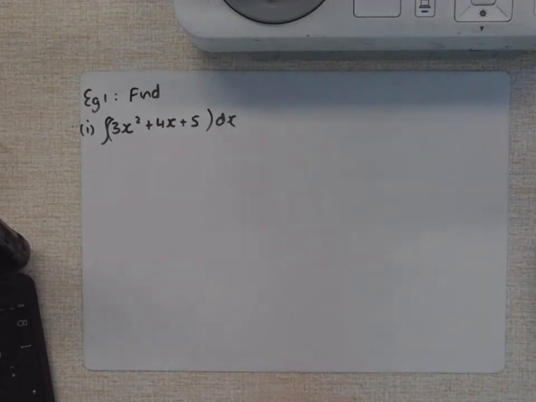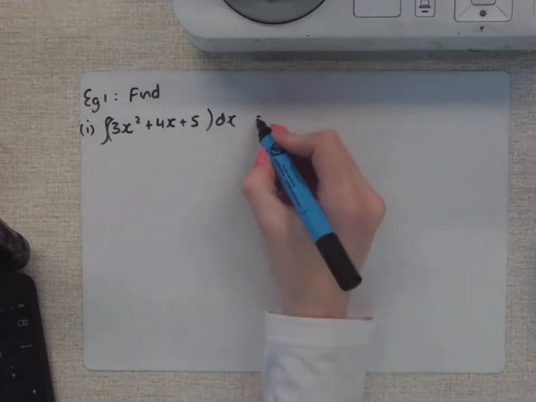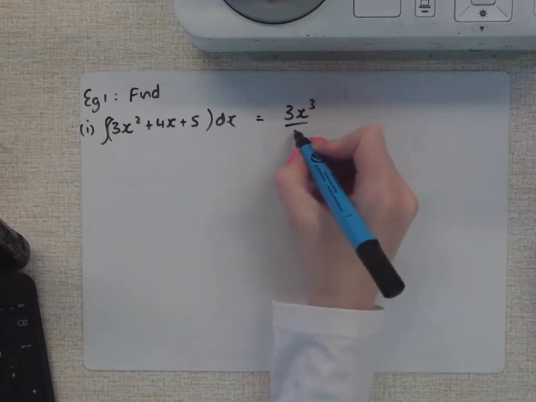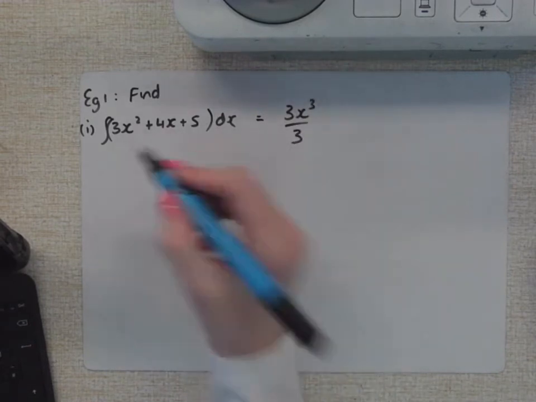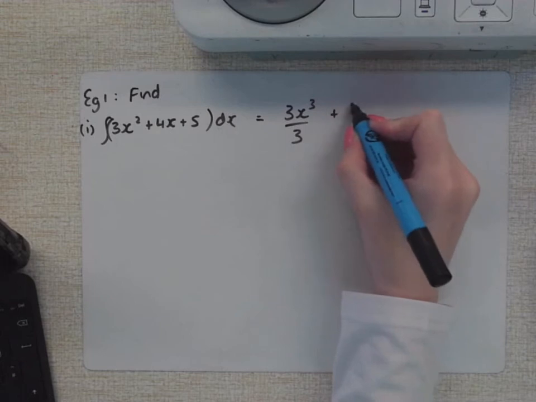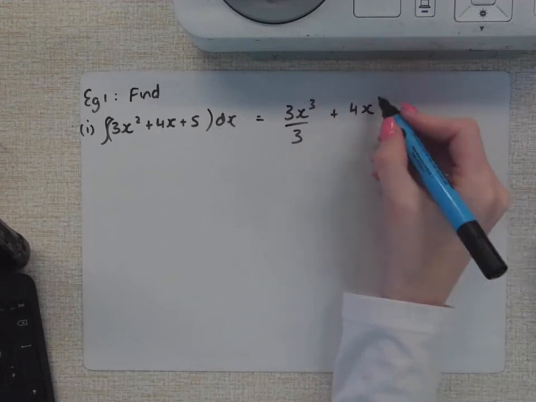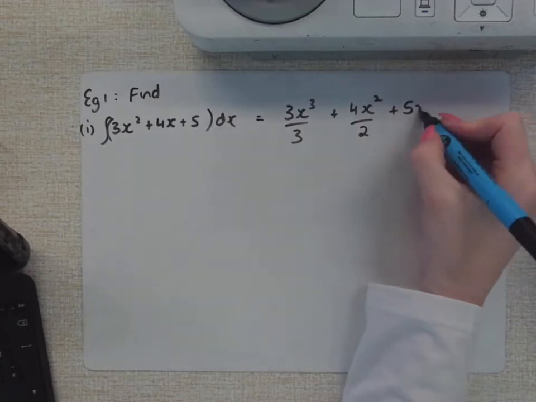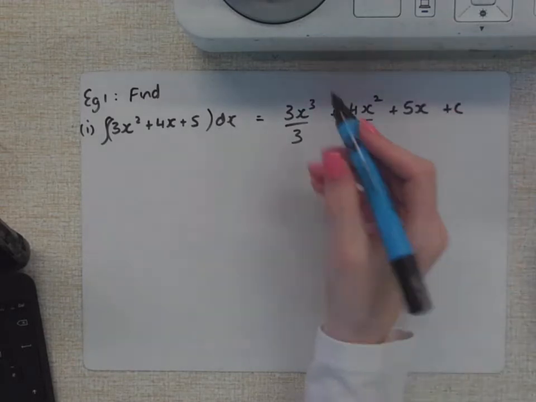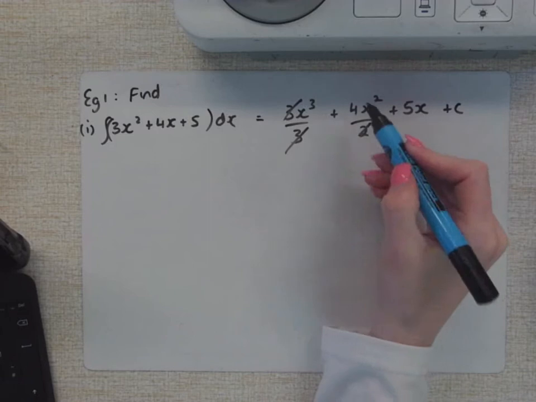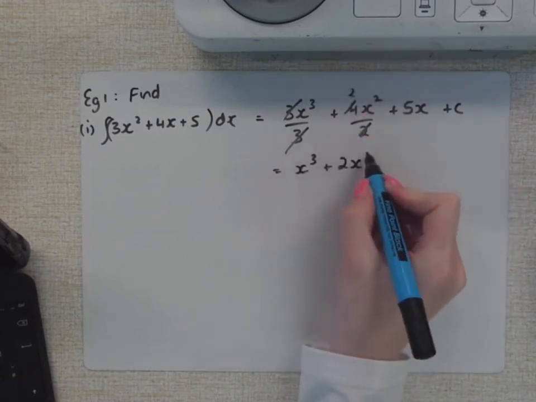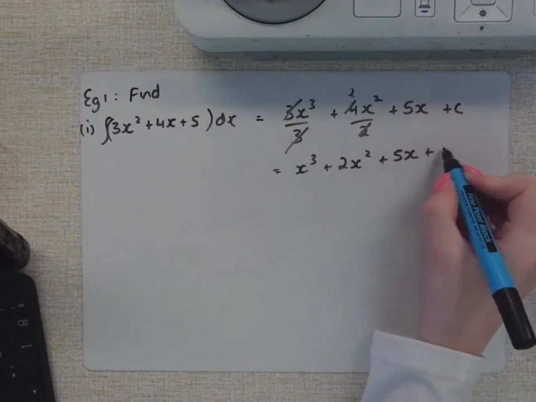Okay, integrate that for me. Three x cubed over 3. Lovely. Increase the power by 1 and divide by the new power. Same thing here. 4x squared over 2. 5x plus c. Lovely. And then things should cancel. So you get x cubed plus 2x squared plus 5x plus c.